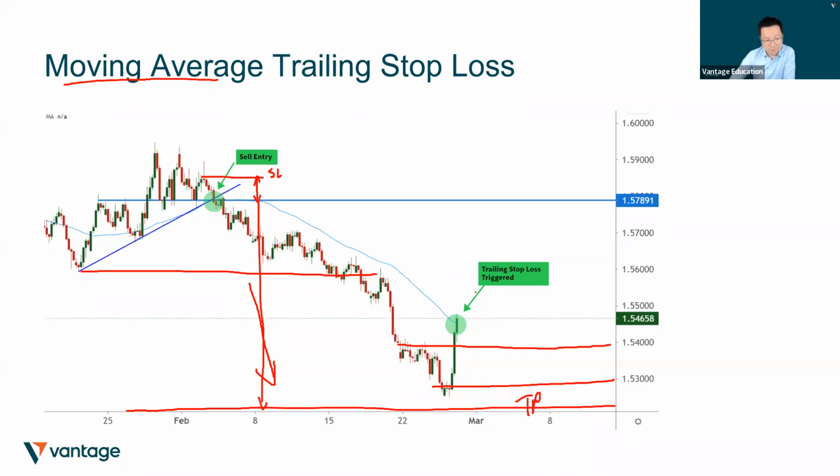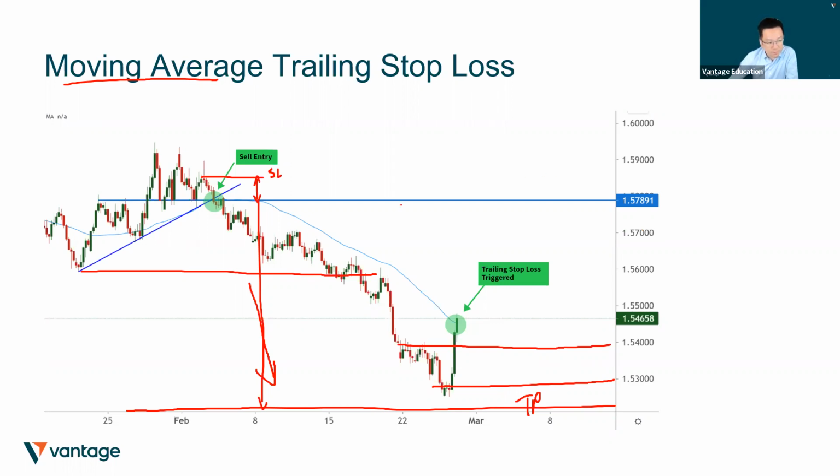It might go all the way back up, and then before you know it, what could have been a very good trade, from 1.5789 towards 1.53, a good 400 pip move towards the downside, gets reversed completely, and then you end up with nothing.